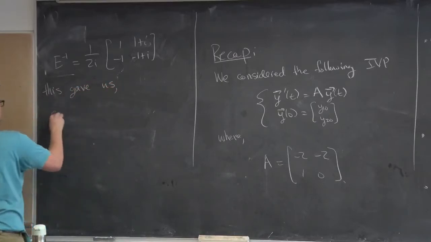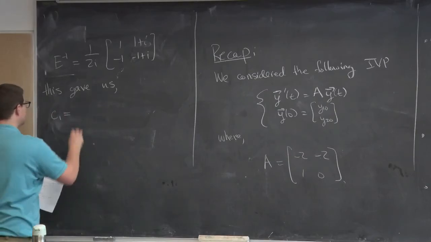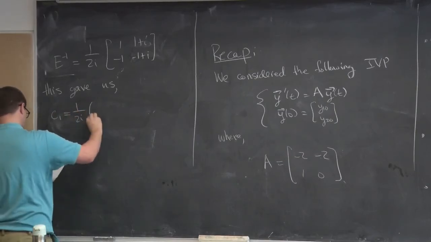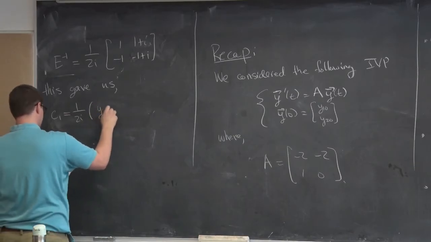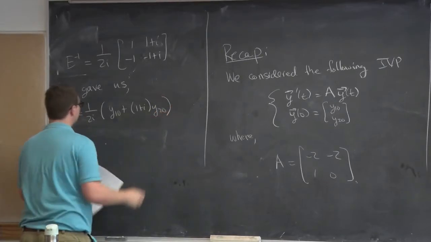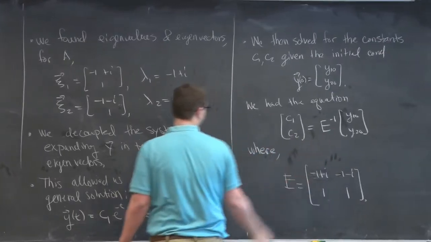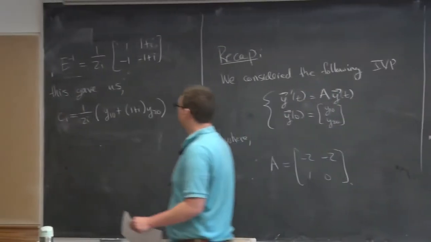So that c1 was the following crazy formula. So 1 over 2i, y10 plus 1 plus i, y20. So I'm just kind of writing out this times this. Okay?